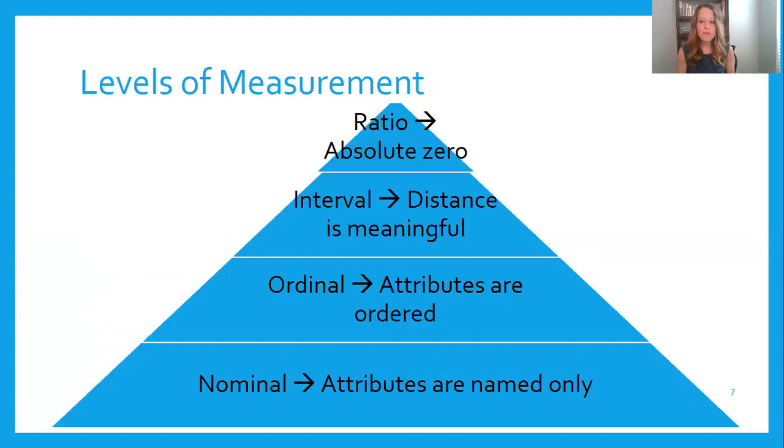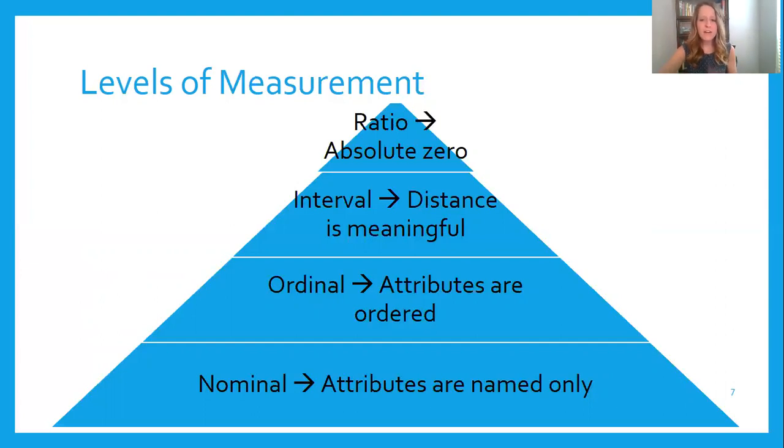The numbers don't really mean anything. So if your zip code is higher than mine, it doesn't mean that your region or area is better or greater. It's just different. So we belong to different categories, and we can't use those numbers for the purposes of comparison. They're merely labels for these different categories.